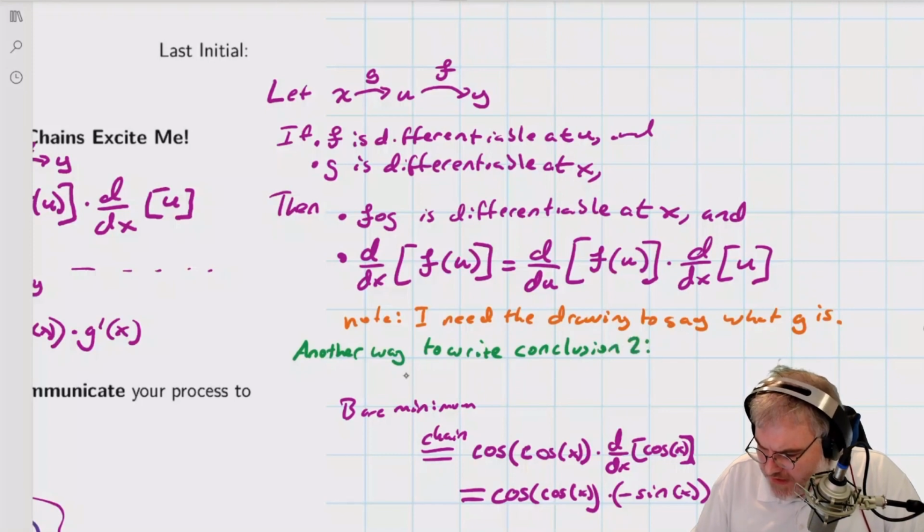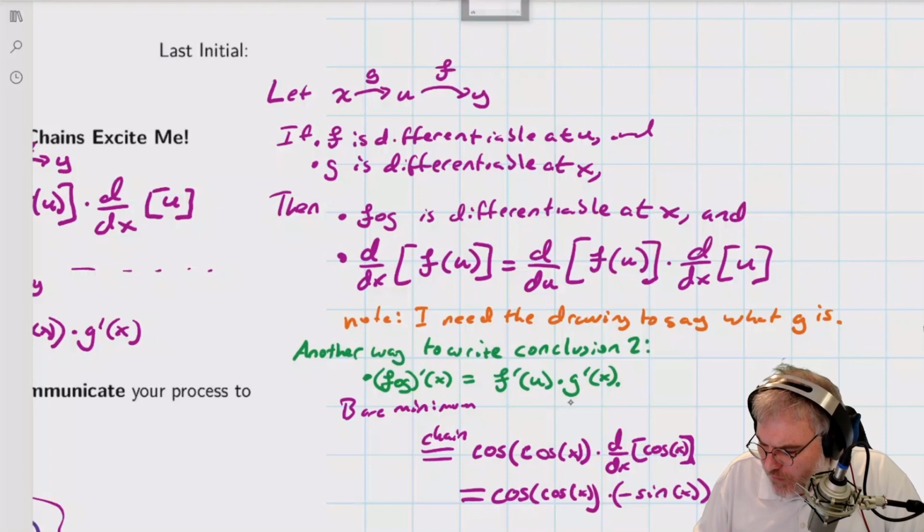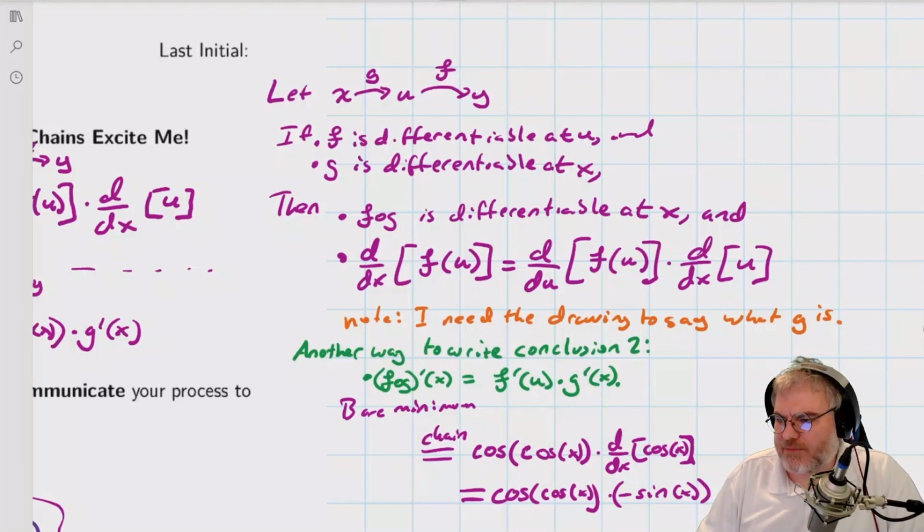With the exact same setup, write (f circ g) prime of x equals f prime of u times g prime of x. And that's actually a very good way to write it. But again, you have to have that exact same preamble you had before.